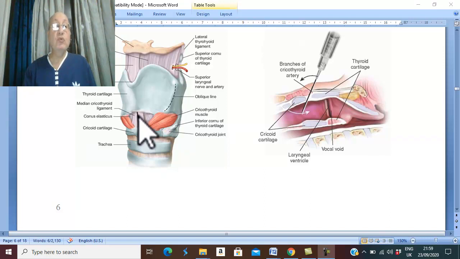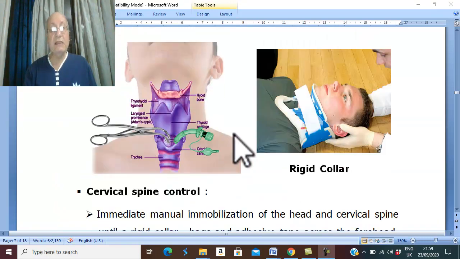We can make a surgical incision in the midline of the skin and the cricothyroid membrane and introduce a tube like this. This is called surgical cricothyroidotomy.